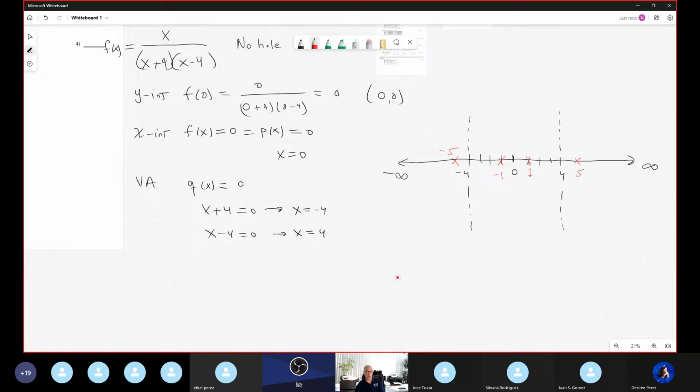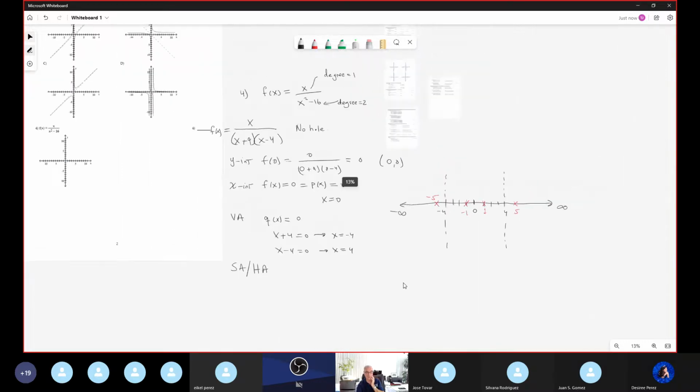Well, we continue then to say slant or horizontal. It is obvious, doing the analysis of the degree I did before: the degree of the top is 1, the degree of the bottom is 2.